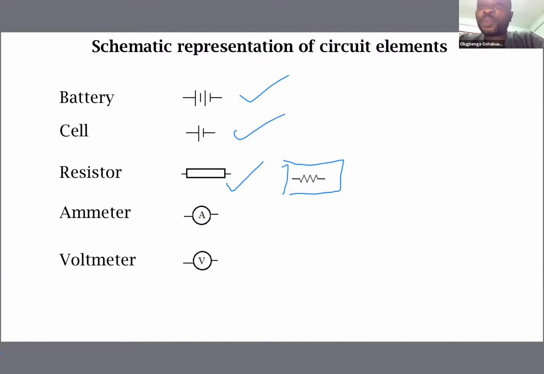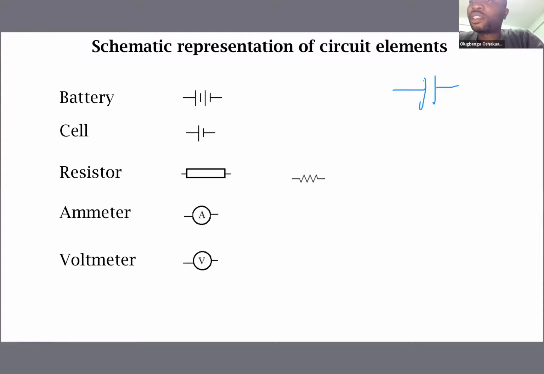And to measure currents, we've seen the ammeter, and we have seen the voltmeter in the experiments by Ohm. Later on we'll be seeing inductors.